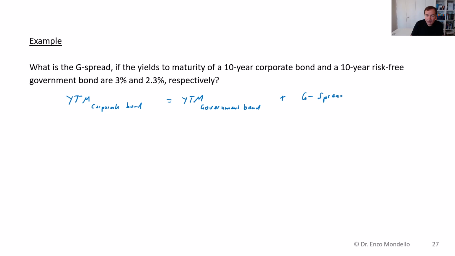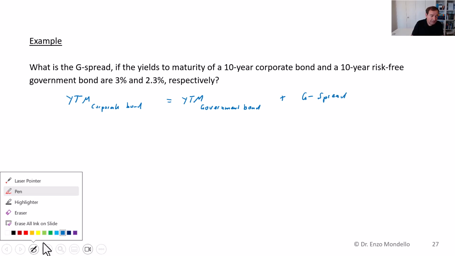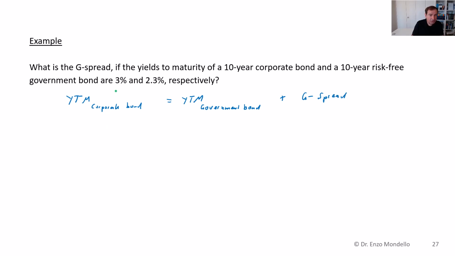Now we know in our example that the yield to maturity of the corporate bond is 3%. That equals the yield to maturity of the prime government bond of 2.3%, and we see that the G-spread, which is the risk premium, is 0.7%. So that's how we can calculate the G-spread if the yields to maturity of the corporate bond and the prime government bond are given.